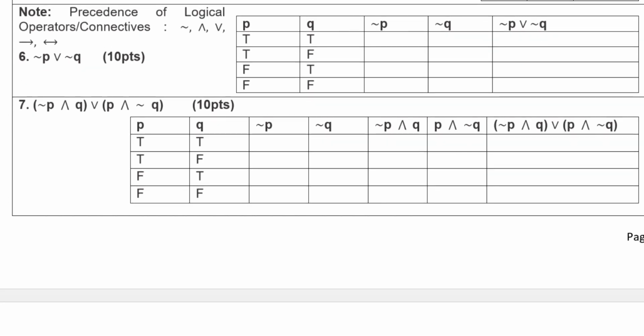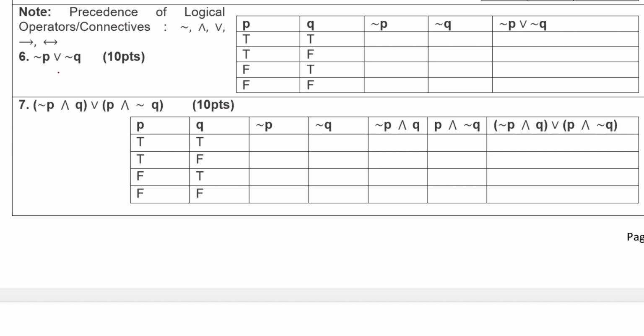Problem number 6. Precedence of logical operators or connectives. We have here negation, conjunction, disjunction, implication, and biconditional. So here we have four rows since there are P and Q, 2 times 2, that is 4 rows.